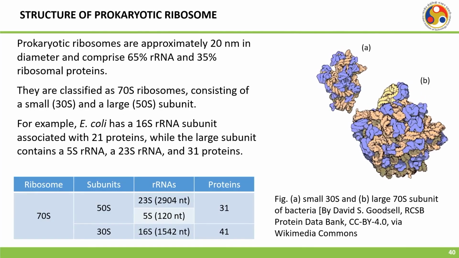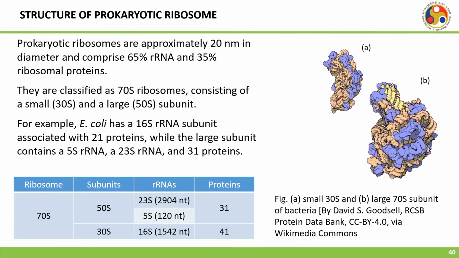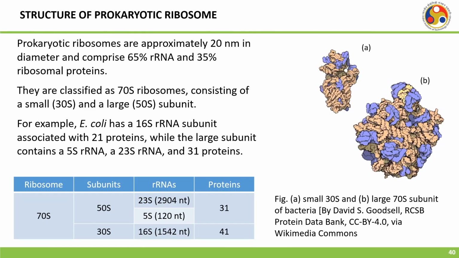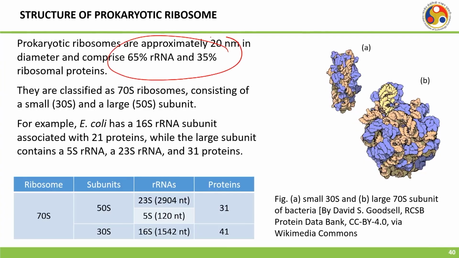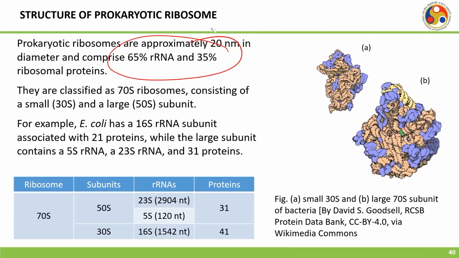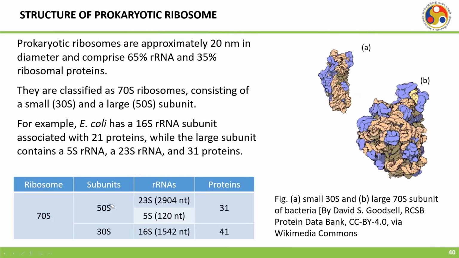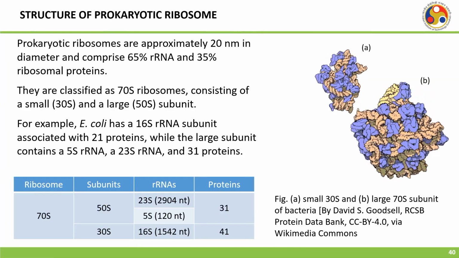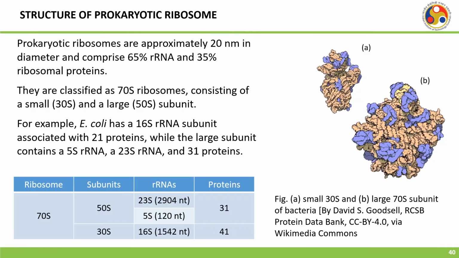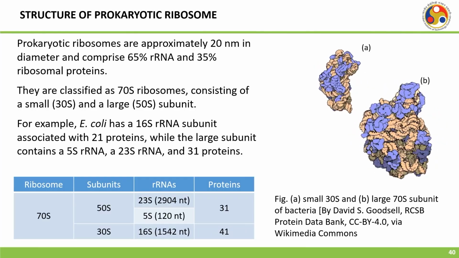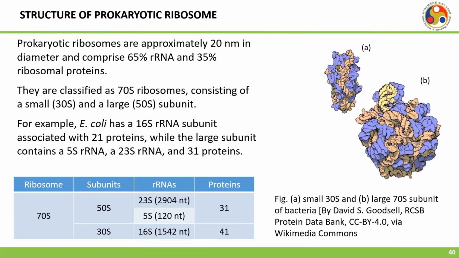The prokaryotic ribosomes are approximately 20 nanometers in diameter and comprise 65% rRNA and 35% ribosomal proteins. They are classified as 70S ribosomes consisting of a small 30S and a large 50S subunit.